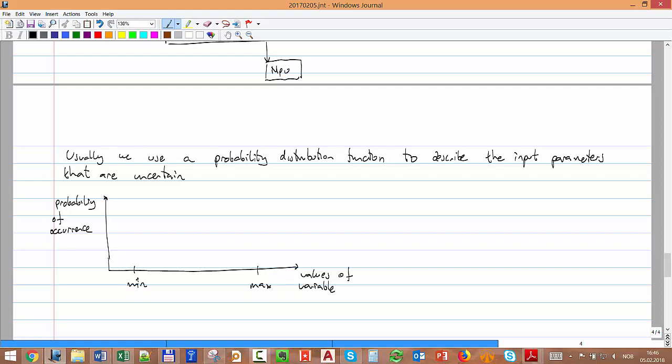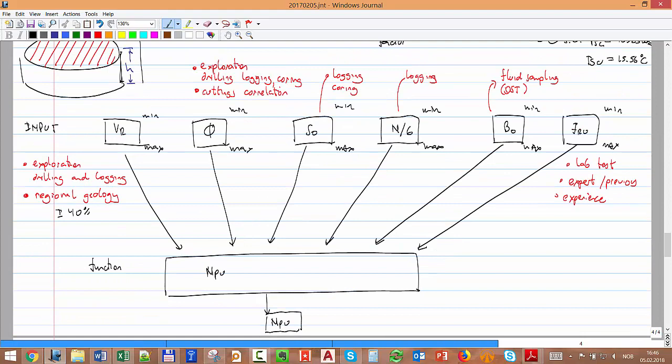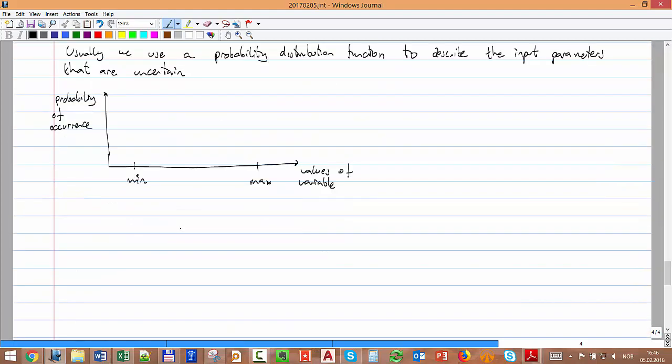Okay? And for example, I ask you, what happens if, I have no idea, I made just 2 samples of porosity, and then I say, well, I have no idea how it is in between, in the whole field. What is the best to use? Everything has the same probability of occurrence, right.